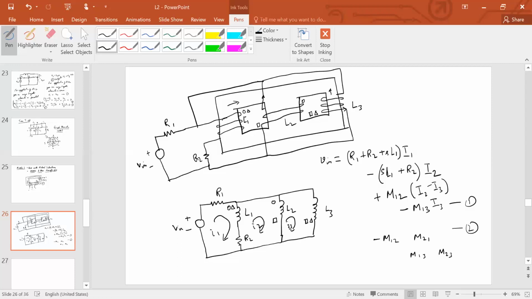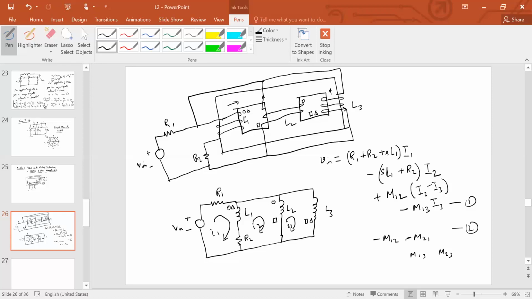Because you're considering I2 minus I1. What about M21? Again, it's basically straightforward. If you're considering I2 minus I1, it's the same thing. In general, M12 is considered equal to M21, but here, for the sake of generality, we are denoting them by two different symbols.